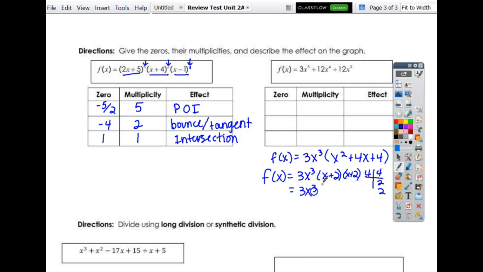So I get 3x to the third and x plus 2 squared, which makes my zeros 0 and negative 2, a multiplicity of 3, a multiplicity of 2. This gives me a point of inflection, and this is a bounce.